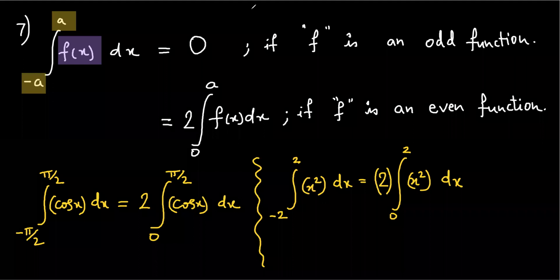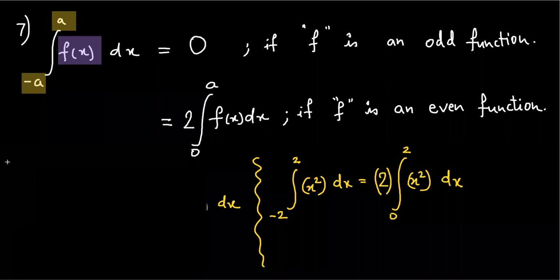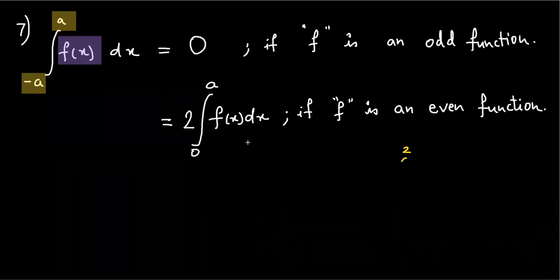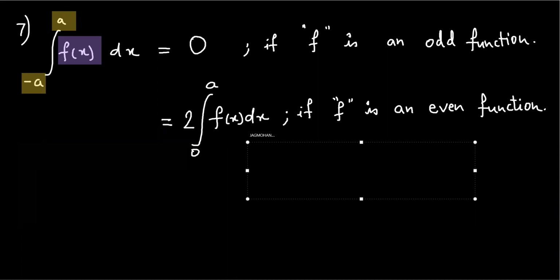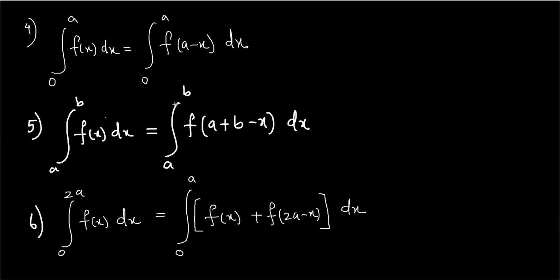So I hope you all have understood what is property number 7. Now, one by one, we will prove all these properties. So now I will start with the proof of these properties.